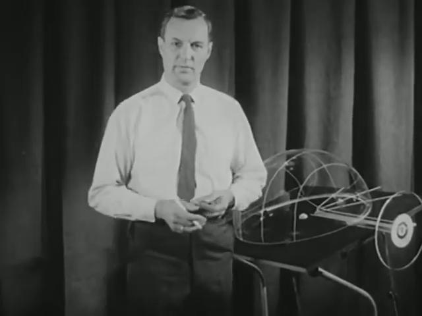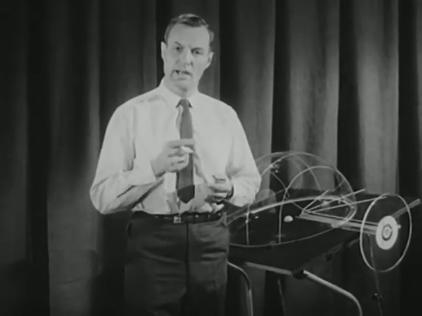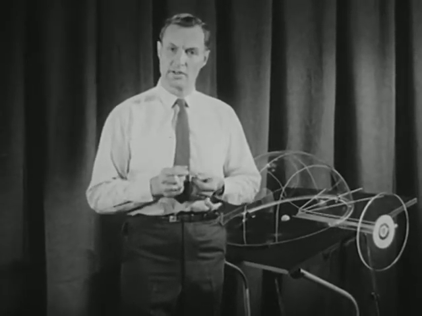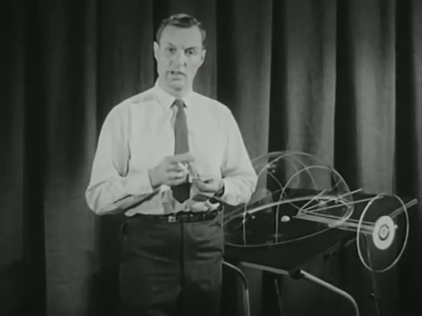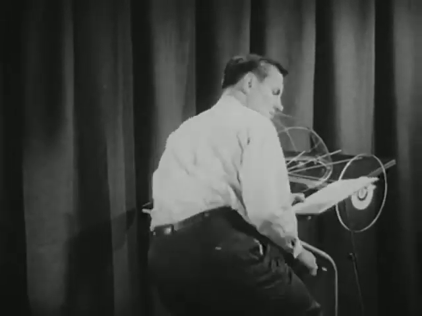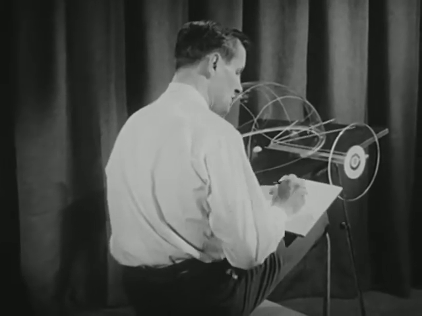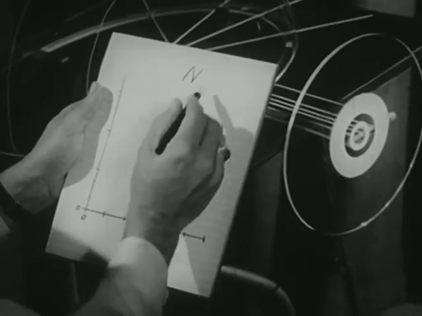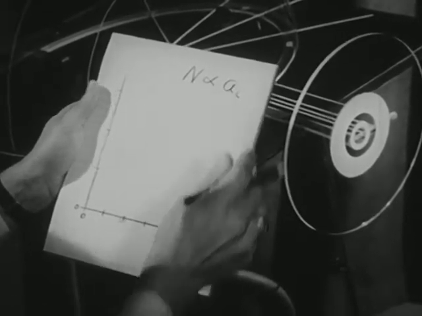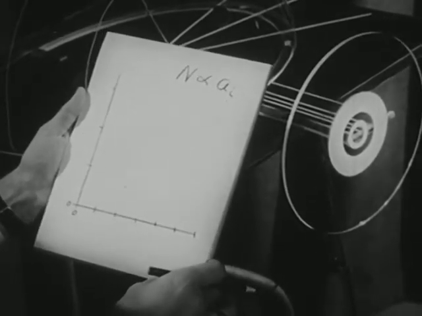With a uniform rain of alpha particles, the number entering the inner circle, or any of the annular rings, is going to be directly proportional to the area of that circle or ring. So now we can write that the number, capital N, striking our detector is proportional to the input area, A sub I. Now let's prepare a graph of the way we expect the data to appear.